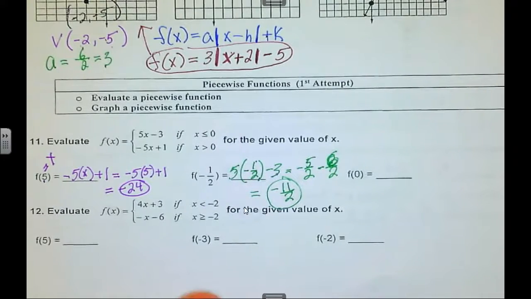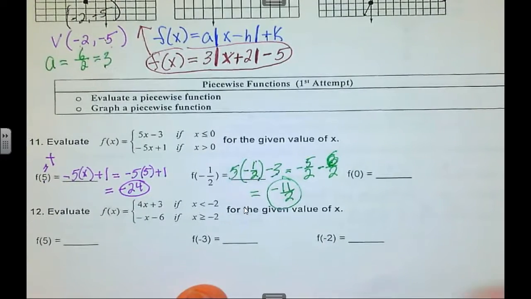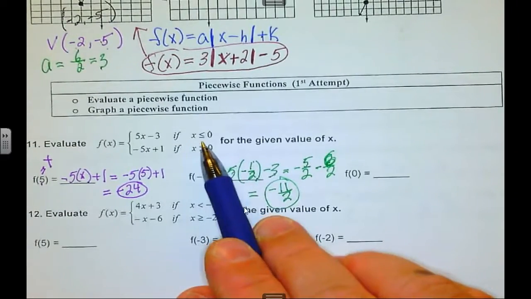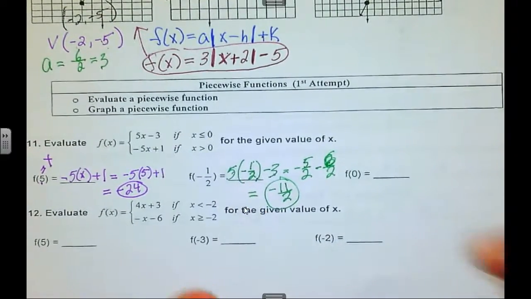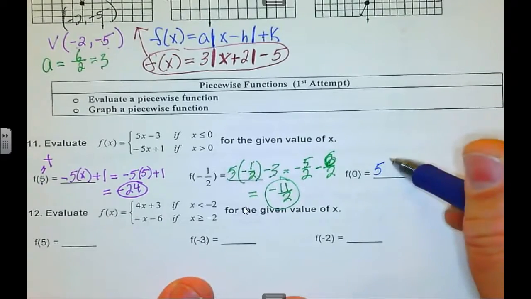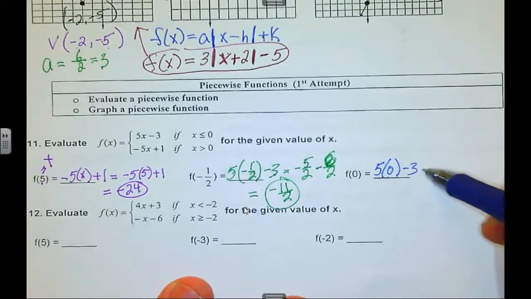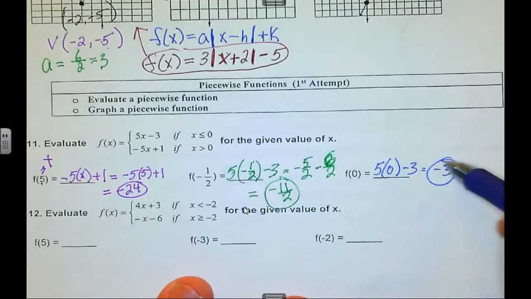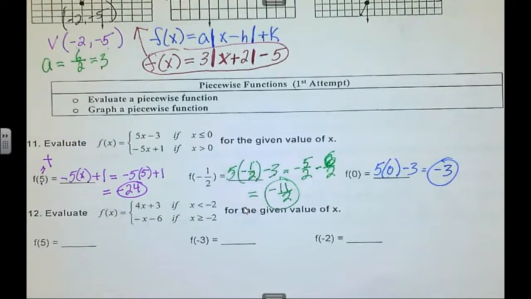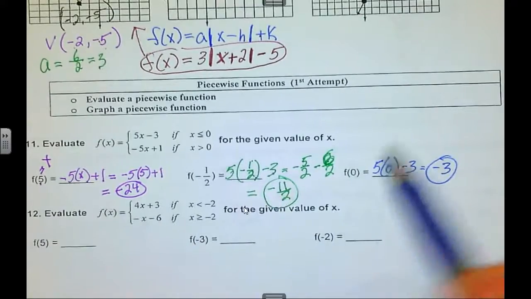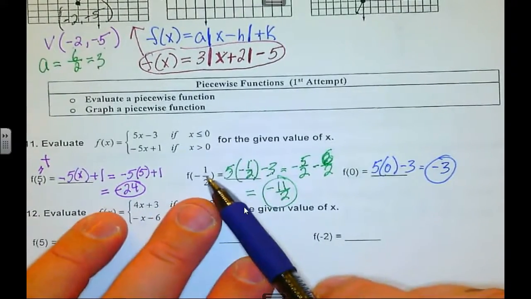All right, the f of 0. 0 equals 0, so I have to use the top one. So 5 times 0 minus 3 plus negative 3. Okay, negative 1/2.